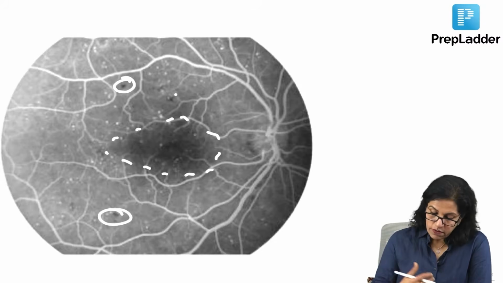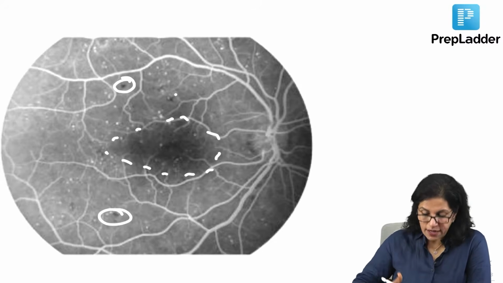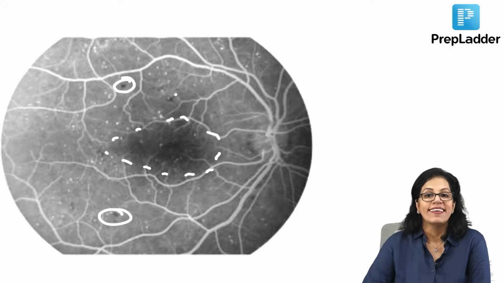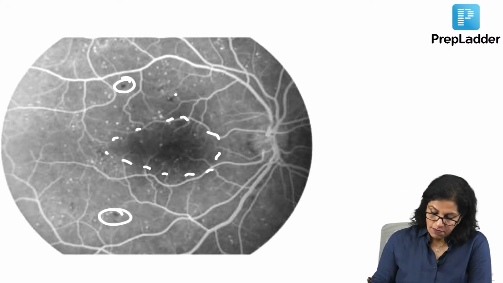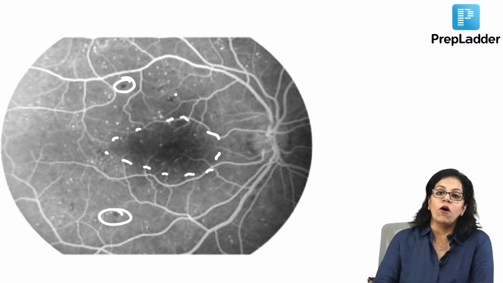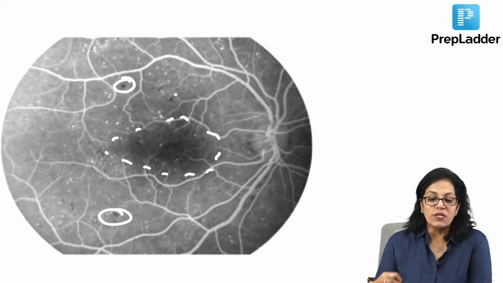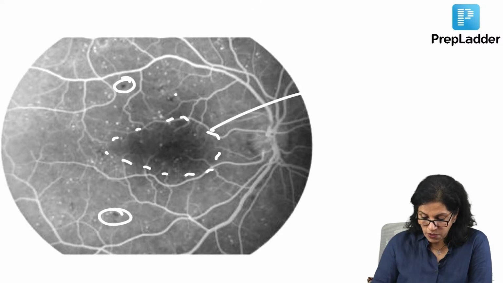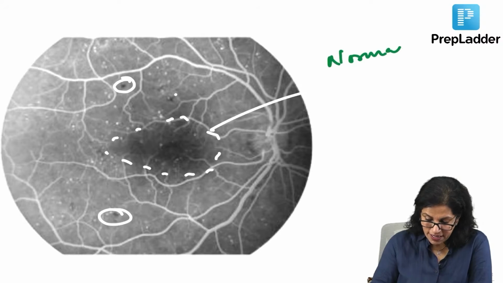Secondly, it was an avascular zone, but what about the background choroid? That should have been shining, na? Why is it dark? Because there are a lot of pigments, melanin and xanthophyll pigments. So what happens? They block the choroidal fluorescence. Because of these two reasons, this is what you get as a central dark area, and this is considered absolutely normal.